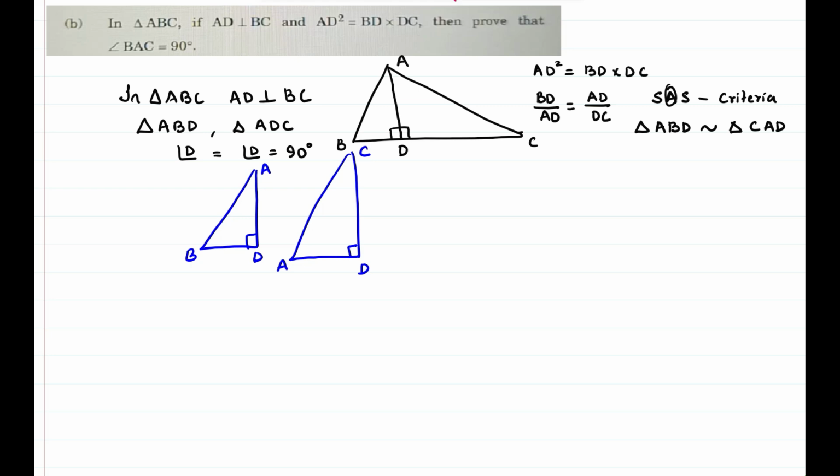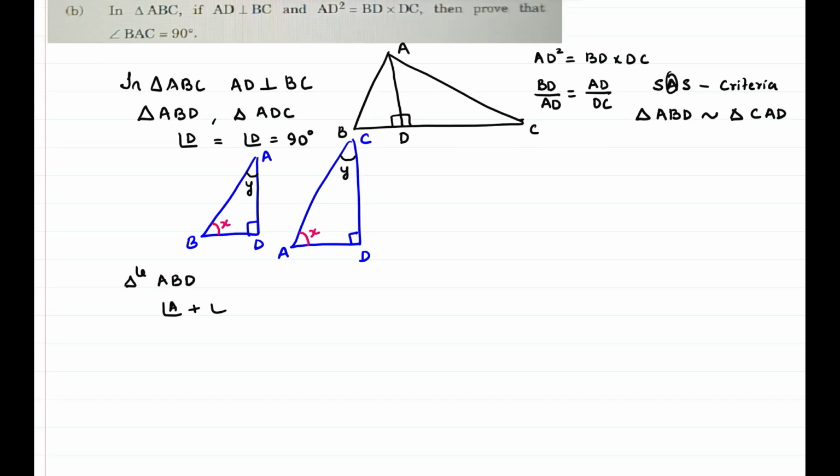Once this is done, now we need to prove angle A is equal to 90 degrees. How will we prove it? If you take angle B equal to X here, then here angle A will be equal to X. And if you take angle A equal to Y here, then here angle C will be equal to Y. Therefore, in triangle ABD, angle A plus angle B plus angle D is equal to 180 degrees.